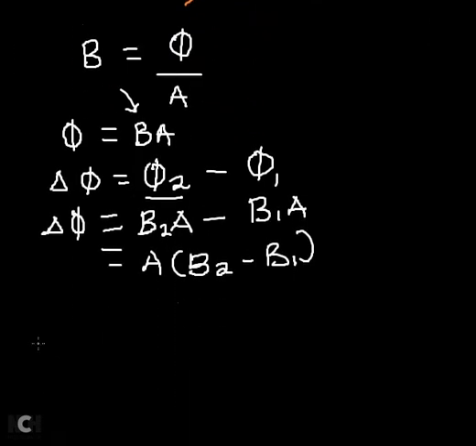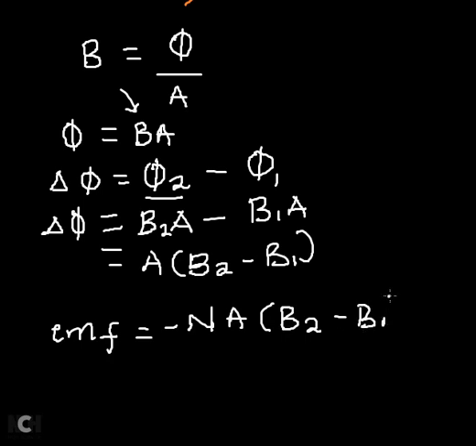We can also write the EMF induced as equal to the number of turns multiplied by the change in flux with time. From here, we have A bracket open final flux density minus initial flux density, then divided by the change in time, which is T2 minus T1.